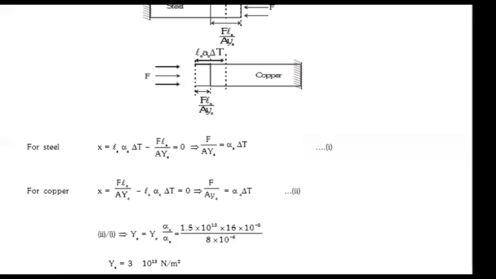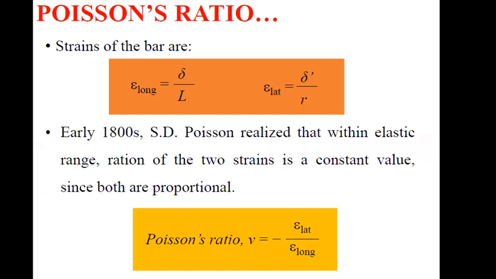Okay, very good, everyone. So the last topic is Poisson's ratio. Basically, Poisson's ratio is just the ratio of lateral strain by longitudinal strain.